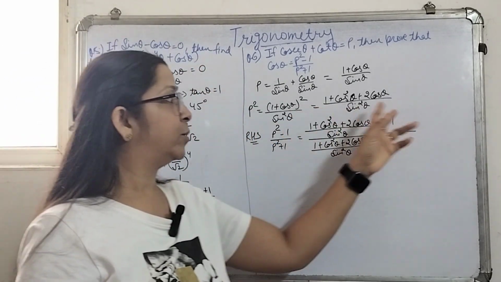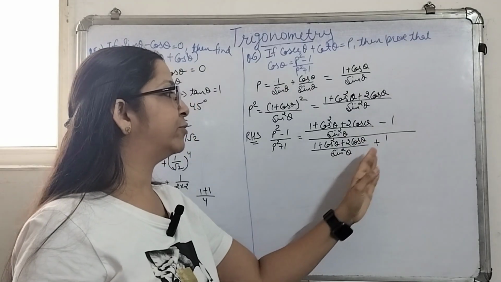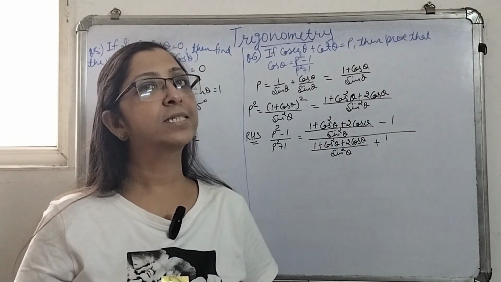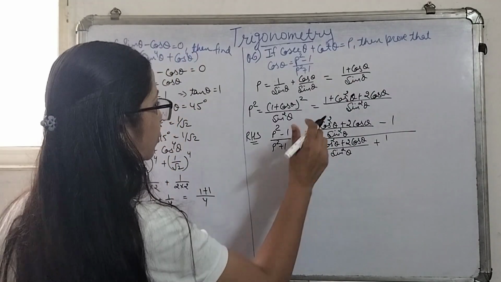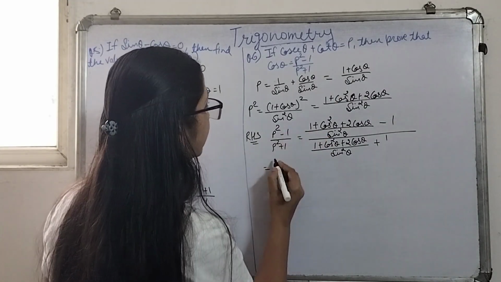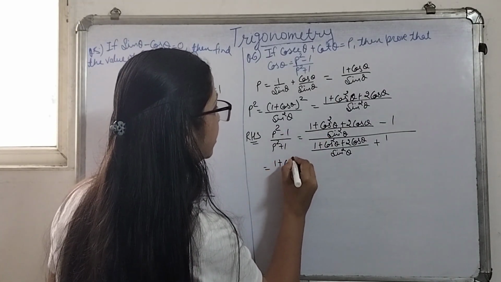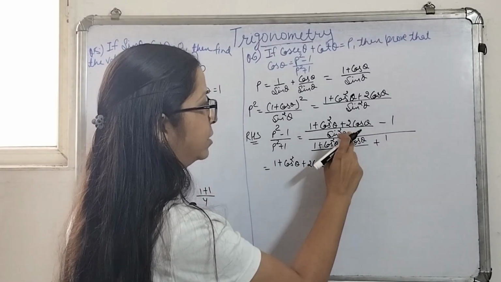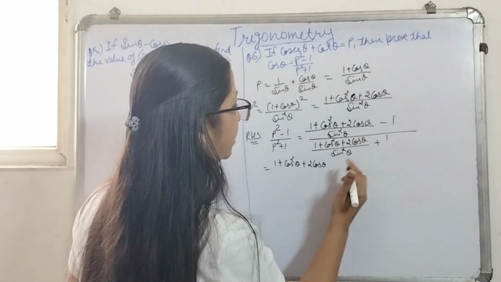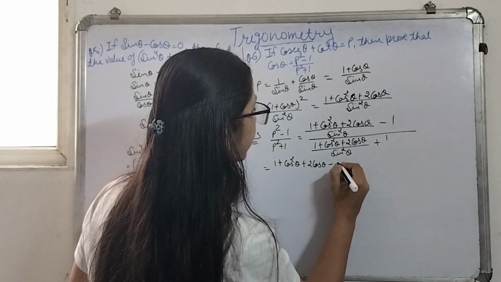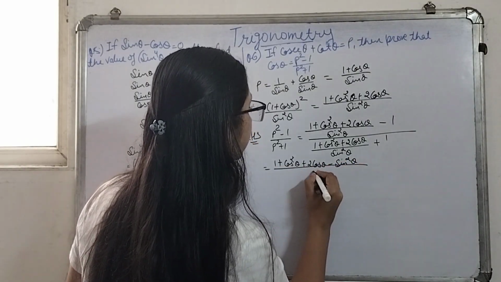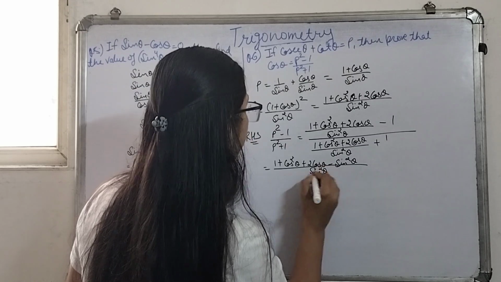Now in the numerator we will be taking the LCM, and in the denominator we will be taking the LCM, and in both the numerator and denominator the LCM will be sin square theta only. So the numerator part will be 1 plus cos square theta plus 2 cos theta, and sin square theta multiplied by this minus 1 will become minus sin square theta, upon sin square theta.